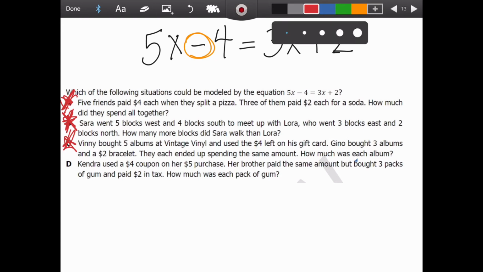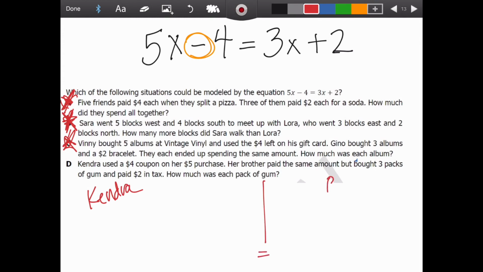So Kendra, okay, and her brother. So we know they paid the same amount, so that's why we're setting them equal. It says Kendra used a $4 coupon. Okay, and if we're using a coupon, we're subtracting. Okay, so minus $4. Then it says on her $5 purchase.